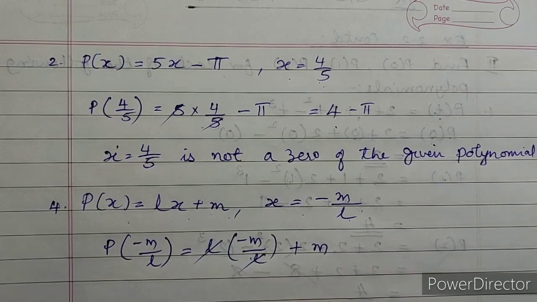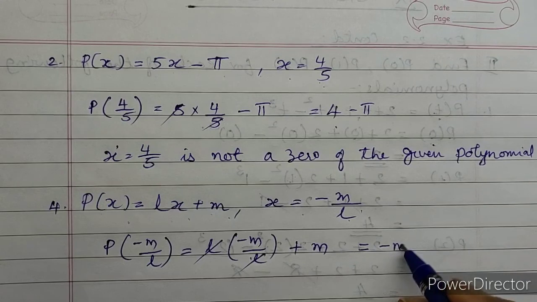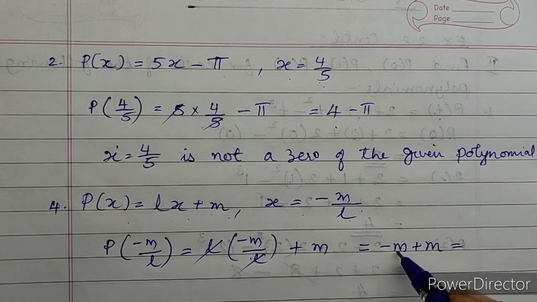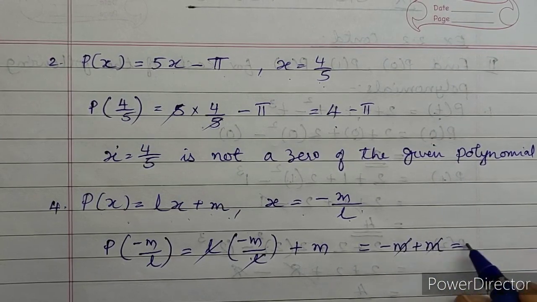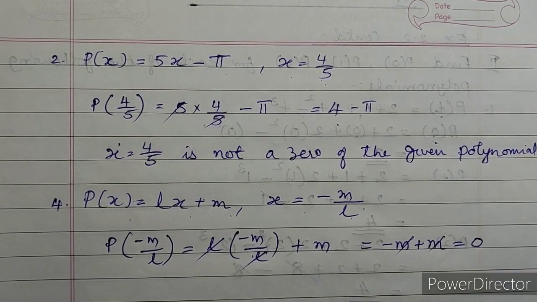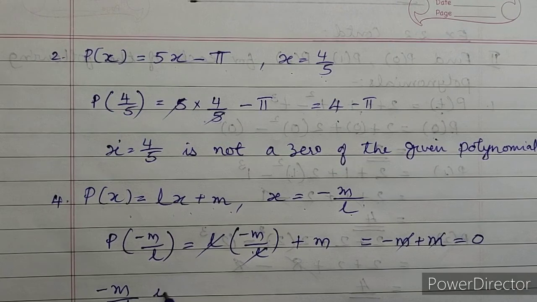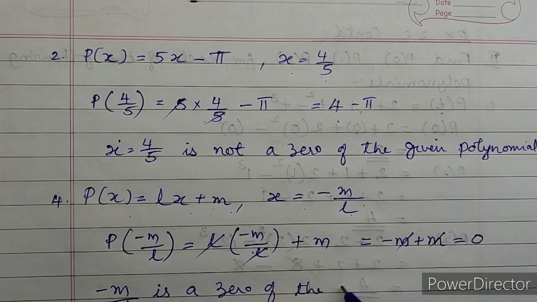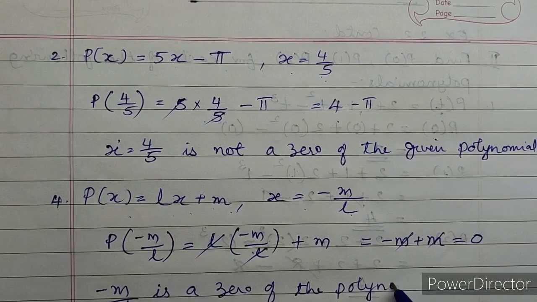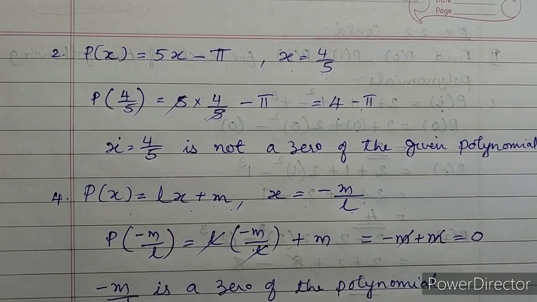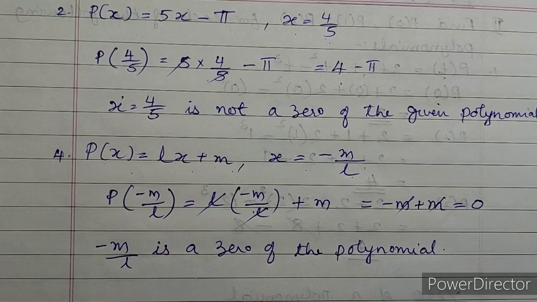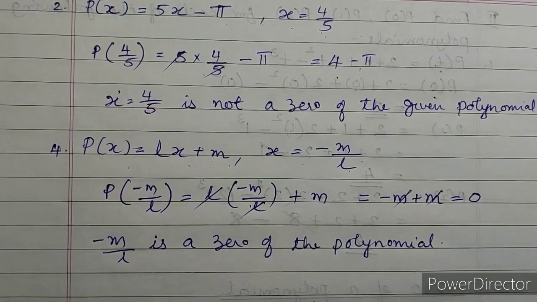This l and l cancel, it is minus m plus m, which is 0, as both have opposite signs. So what conclusion should you write? Minus m by l is a 0 of the polynomial.